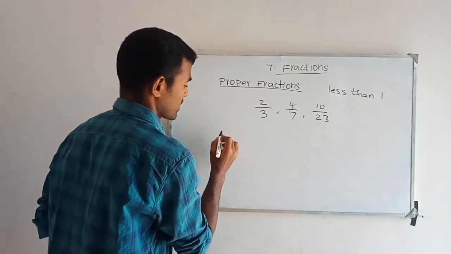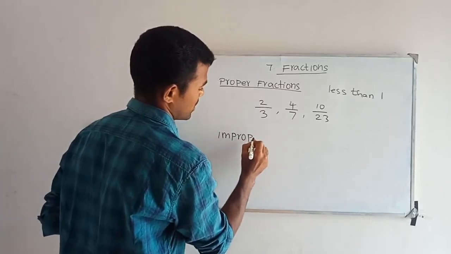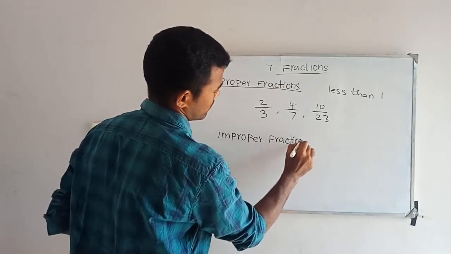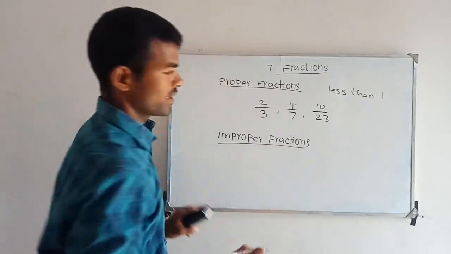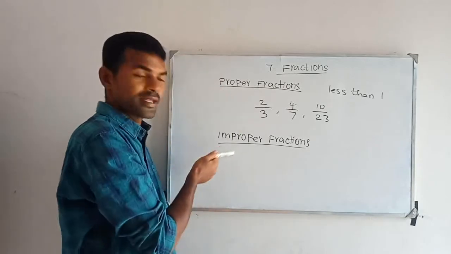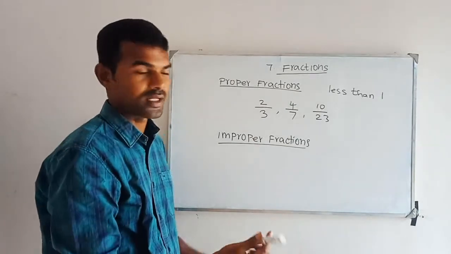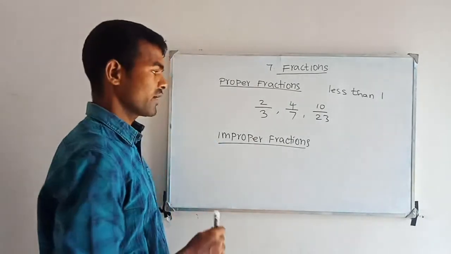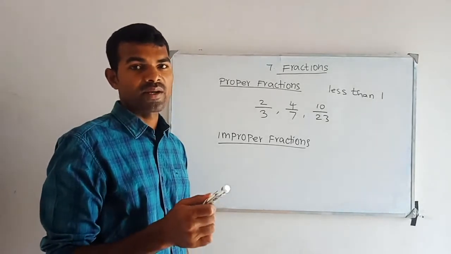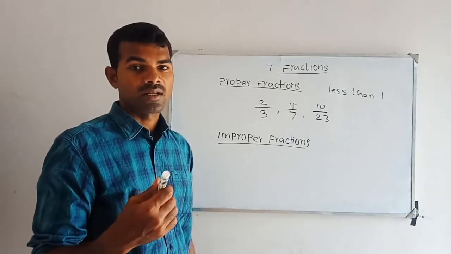Next one is the improper fraction. See, proper and improper are just opposite. The definition of an improper fraction goes like this: a fraction in which the numerator is greater than the denominator.